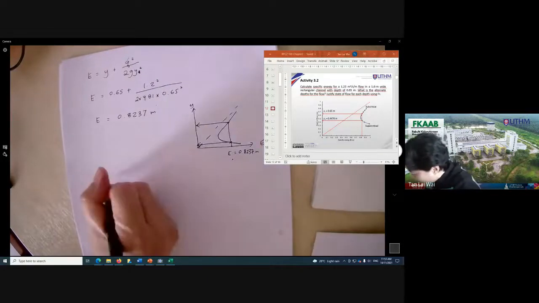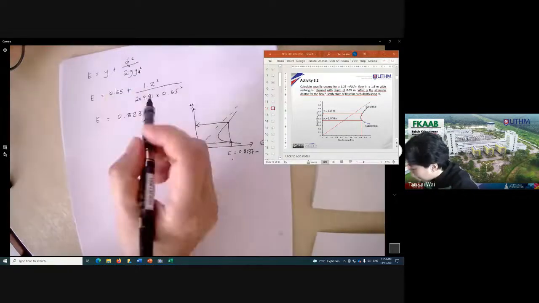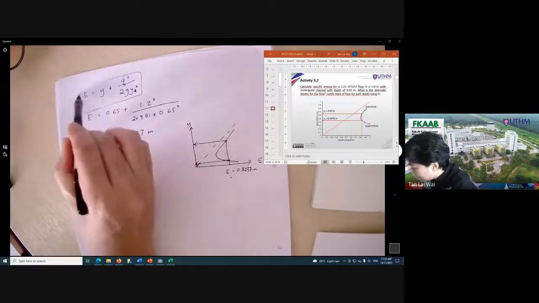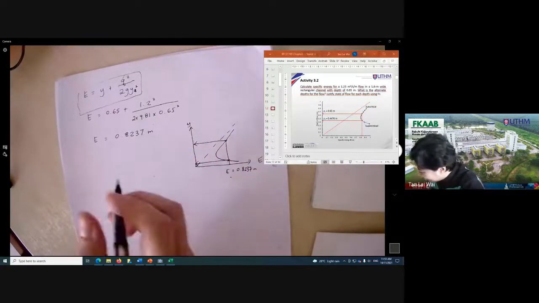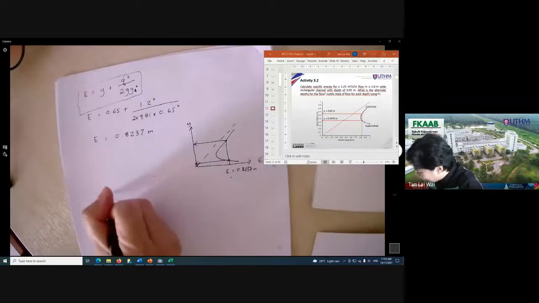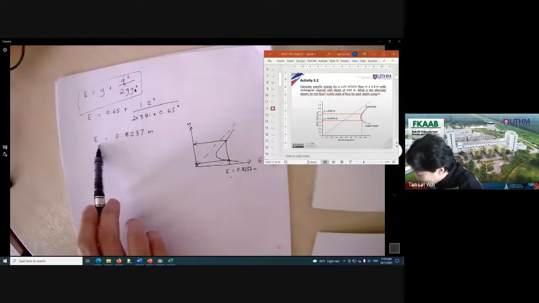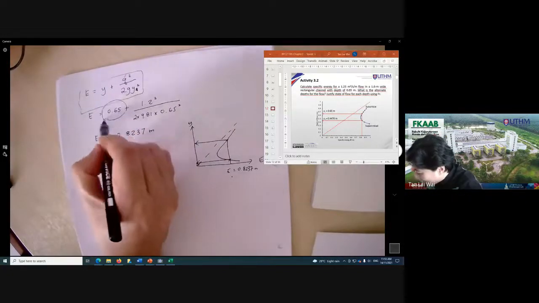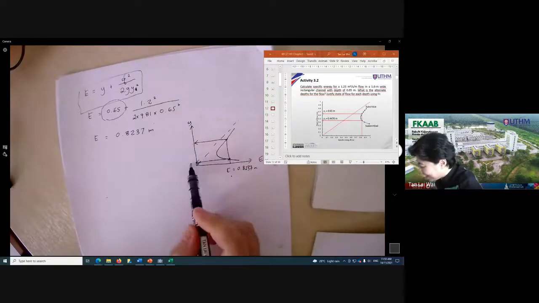Now, here's the thing, look at this. Using the same expression here, I know the same specific energy. I already have 0.65 meter. I don't know which one, either here or this.